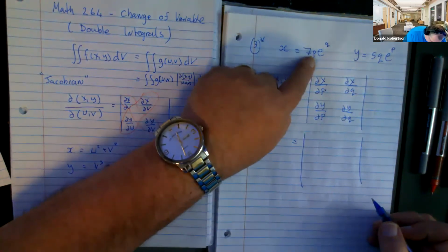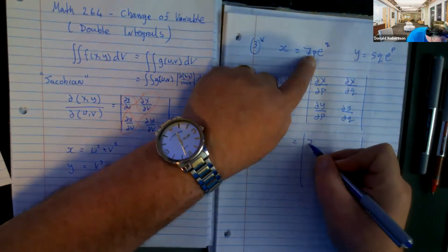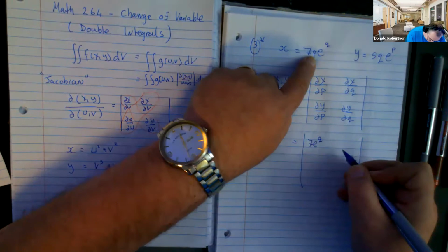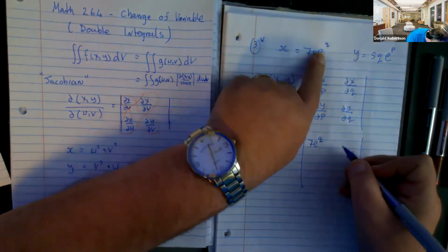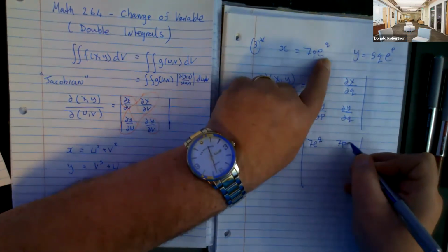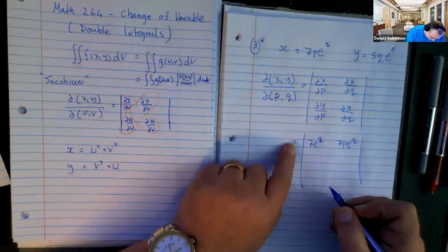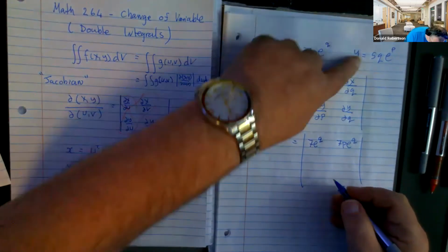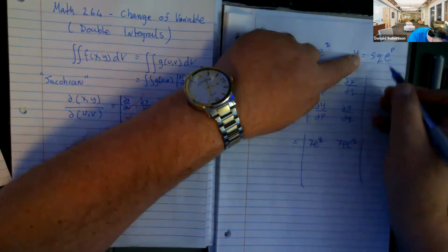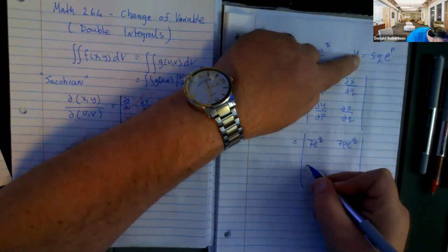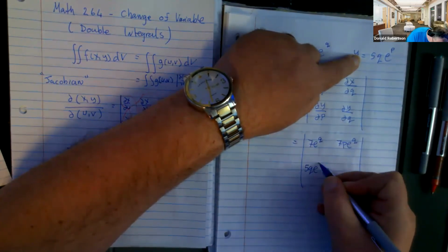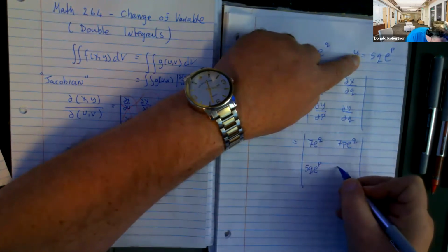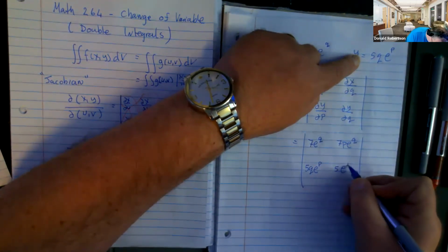Start with this guy. If you do a partial derivative with respect to p, you get that. If you do with respect to q, you get that. If you do this fella with respect to p, you get that. And if you do it with respect to q, you get that.